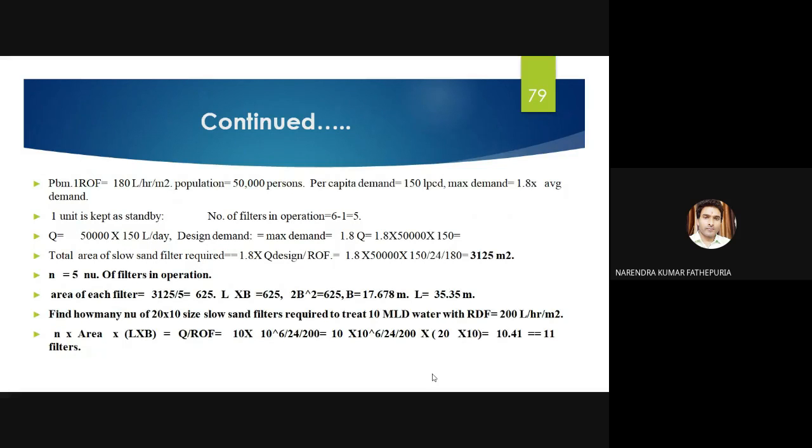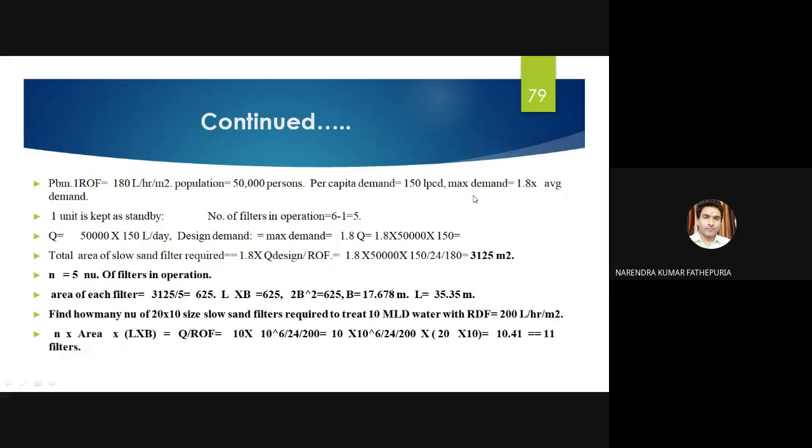This is one example here. Rate of filtration is given as 180 liter per hour per meter square for slow sand filtration. Population is 50,000 persons. Per capita demand is given as 150 LPCD. Maximum demand is equal to 1.8 of the average demand, 180% of the average demand, you know this relation.